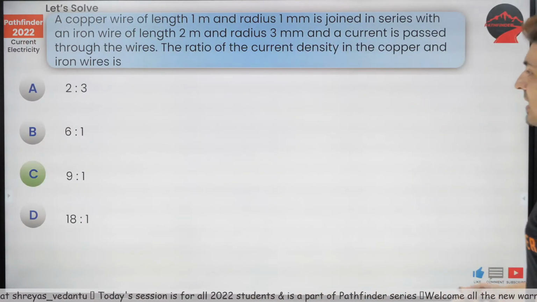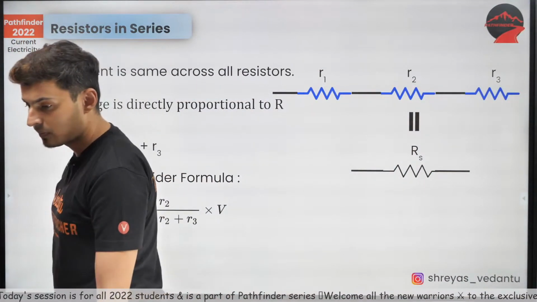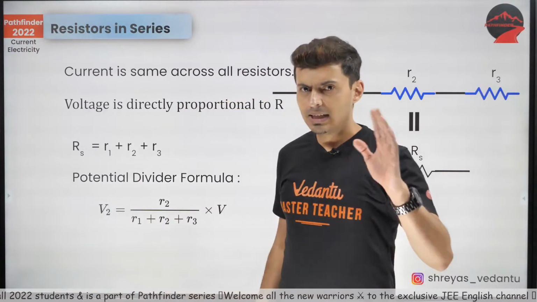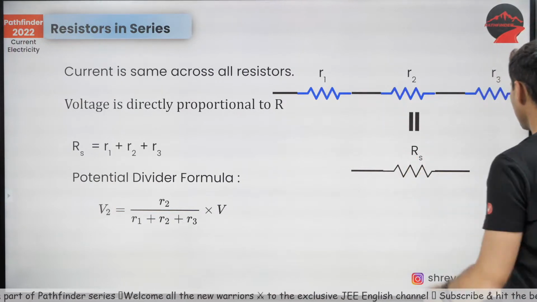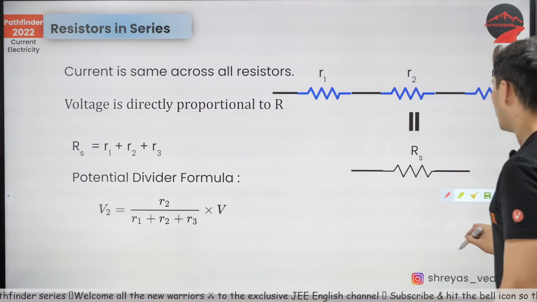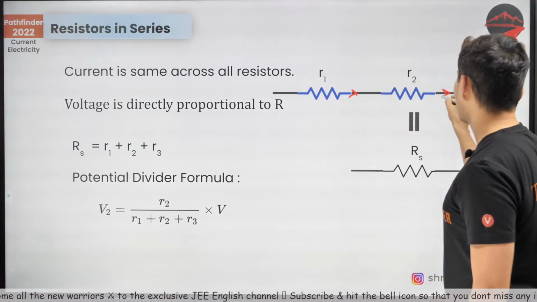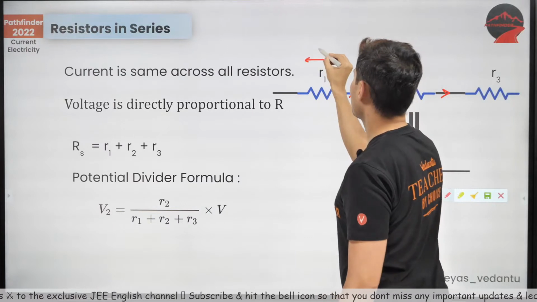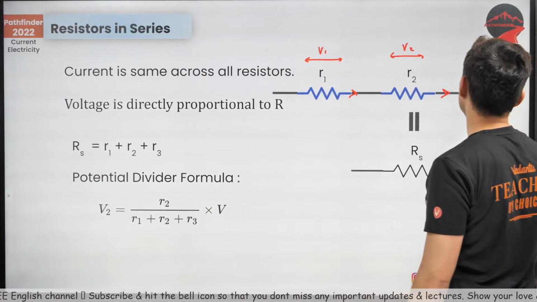Okay, so that's 9:1, that's done. Now let's go to some circuit related problems. First, let's quickly revise resistors in series. When resistors are in series, the same current flows through them, but the voltage across each will obviously be different.